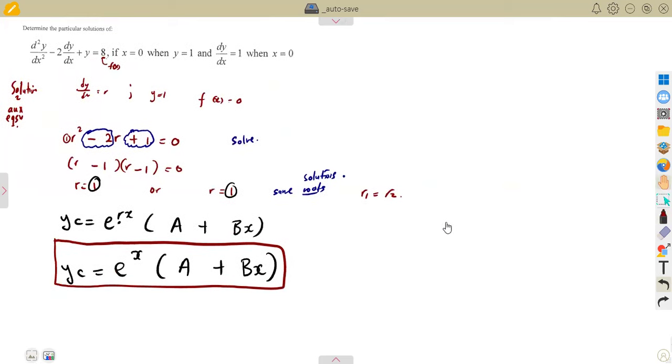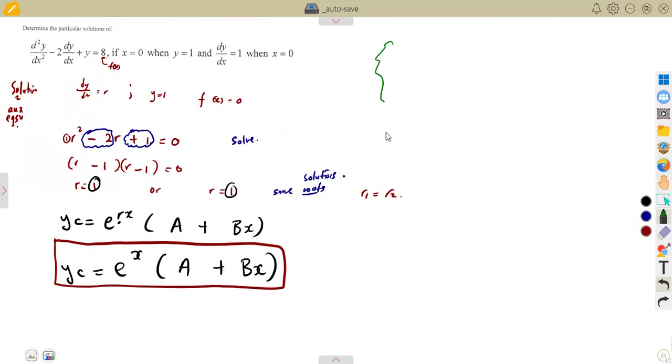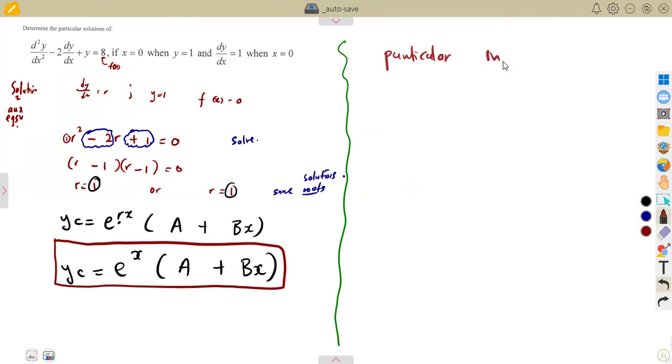From our f of x, we need now to determine the particular integral from this side. So to have our particular integral, we need, in this case, f of x.